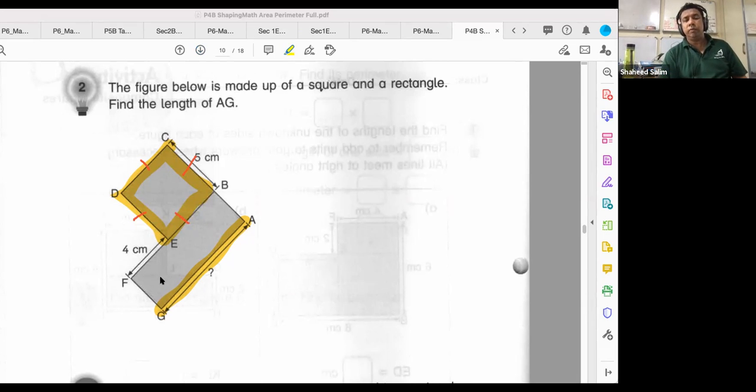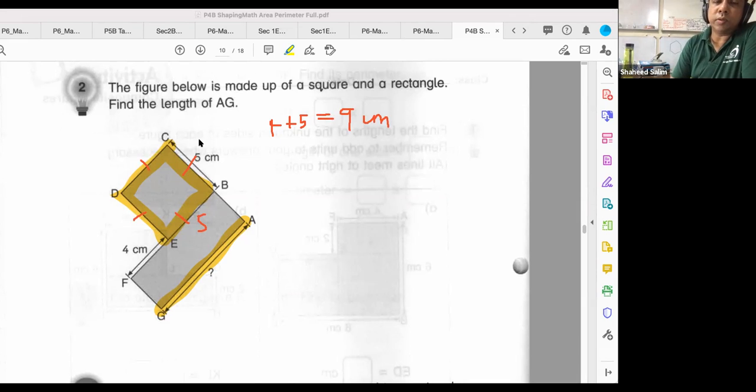So now down here is 4. Down here, 5, because this is a square. This is 5, this is 5, this is 5. So this one must be 5 also. So what's length AG? 4 plus 5 equals 9 cm. Okay? Move on now to the next one.